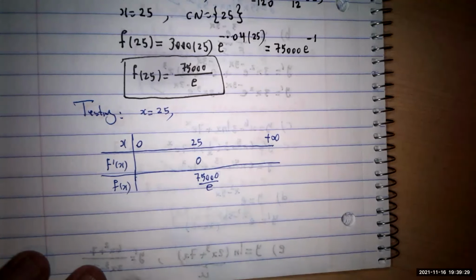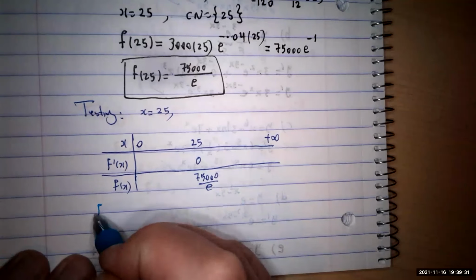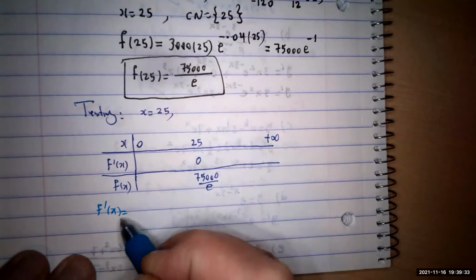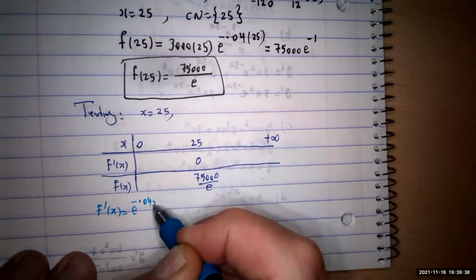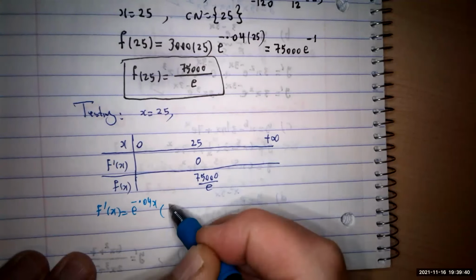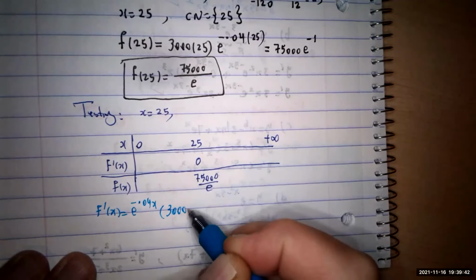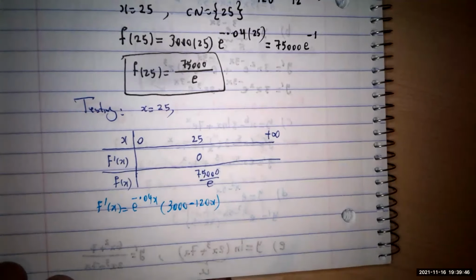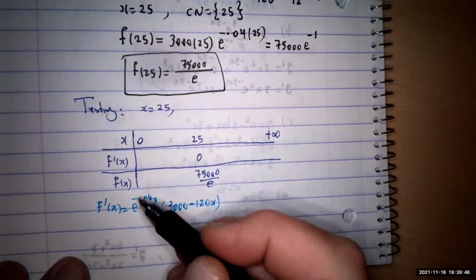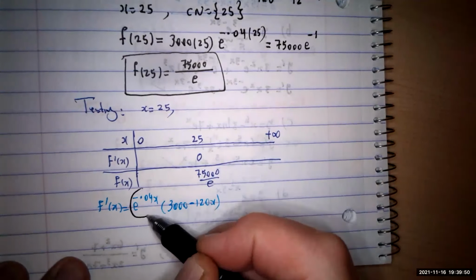And you drop it into f prime. So this is going to be your f prime. I repeat, f prime of x is e to the negative 0.04x times 3000 minus 120x. You have to test it here, but the e part is positive.